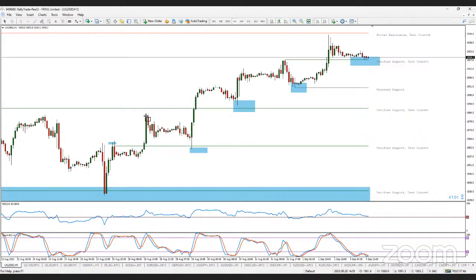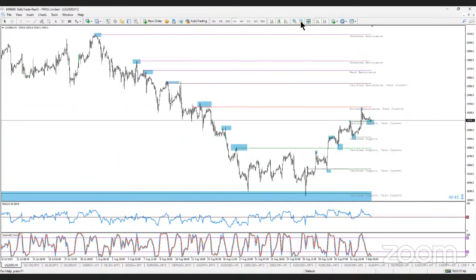High, high, high, high, right? High, high. An uptrend is what? This is the low. An uptrend is a series of lower highs and lower lows. A downtrend is a series of what?